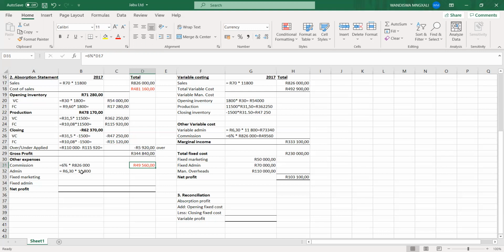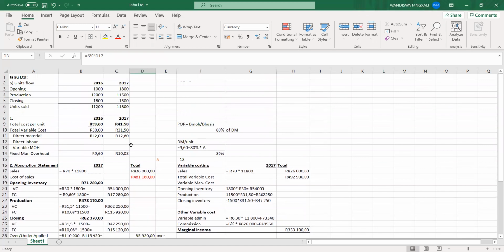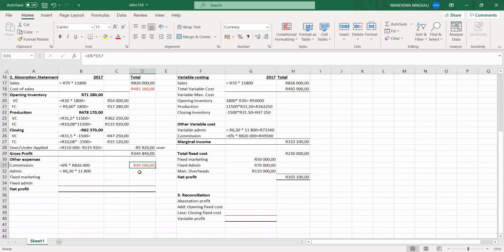But remember in 2017, we had a 5% increase, therefore 6 rand times 105% should give you 6 rand 30 cents. So that's how we got the 6 rand 30 cents. Times that by 11,800, which is the units that we sold, because they told us that it varies according to the number of units sold. That will then give me an admin cost of 74,340.